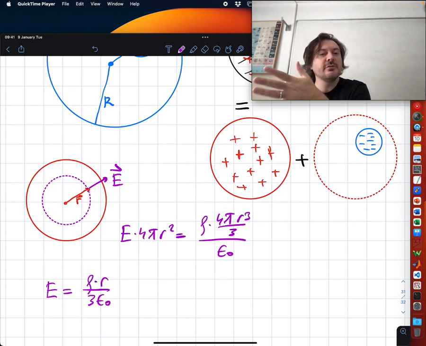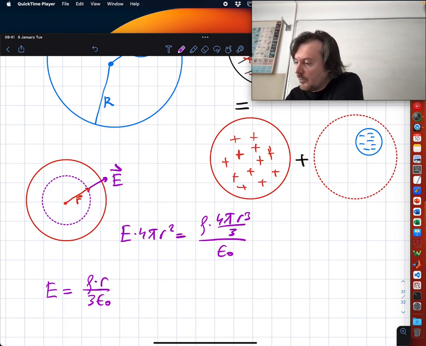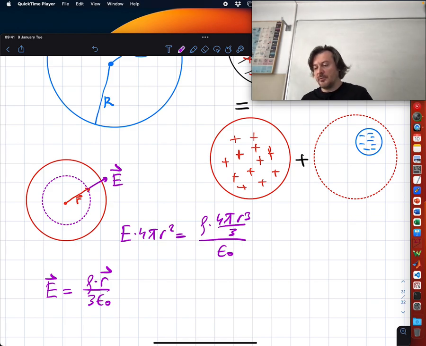So the magnitude of electric field is this one, but it's also aligned with the radius vector. So the electric field is rho times r vector over 3 epsilon 0. And it's a general thing. Okay?